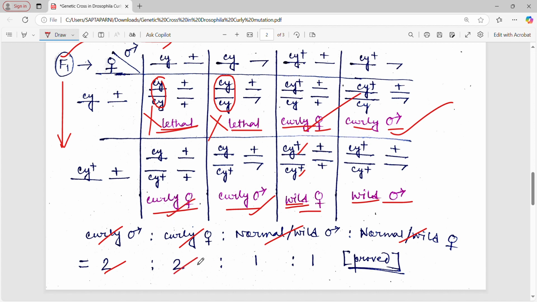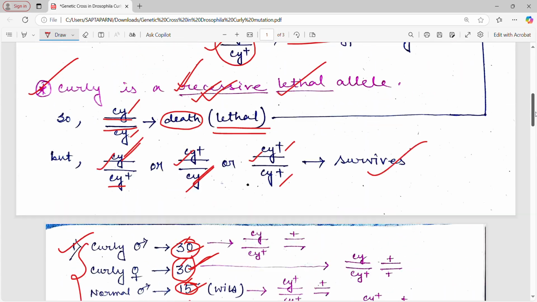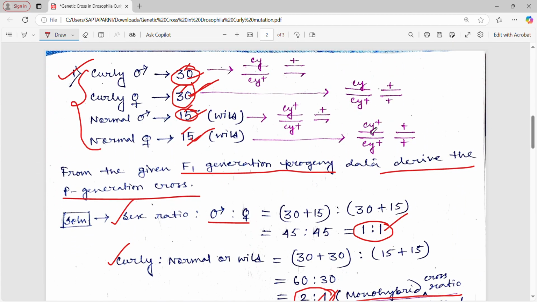How many normal or wild type males? Only one wild type or normal male. And how many wild type females? Only one wild type or normal female. So our ratio 2:1:1 is achieved here. Okay, so see here if we get the ratio, we will get 1:1:2, right?